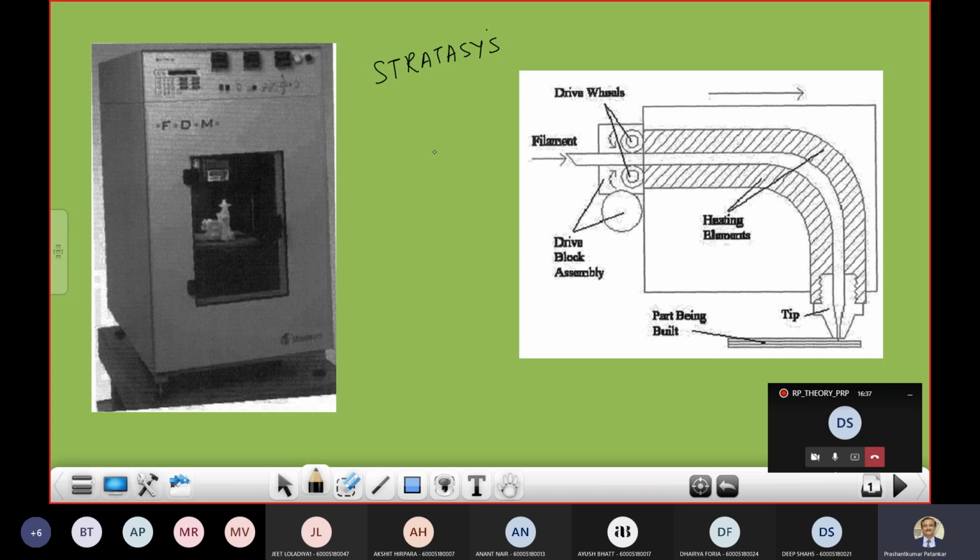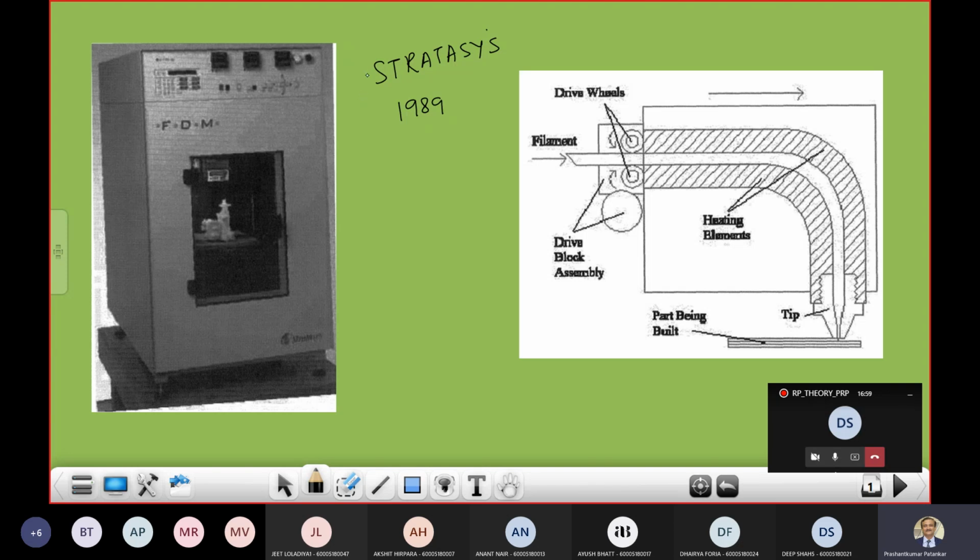Stratasys is the name of the company. This company was founded in the year 1989, and they have developed most of their products based on fused deposition modeling.